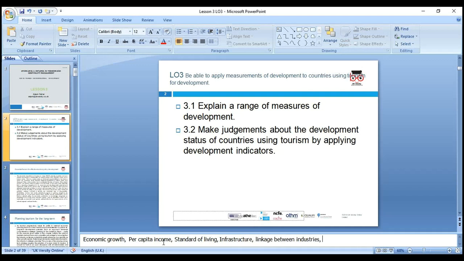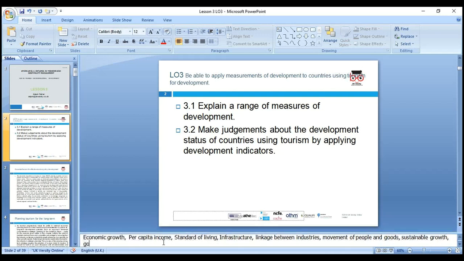We can look at movement of people and goods. We can look at sustainable growth. So these are different factors we can look at.